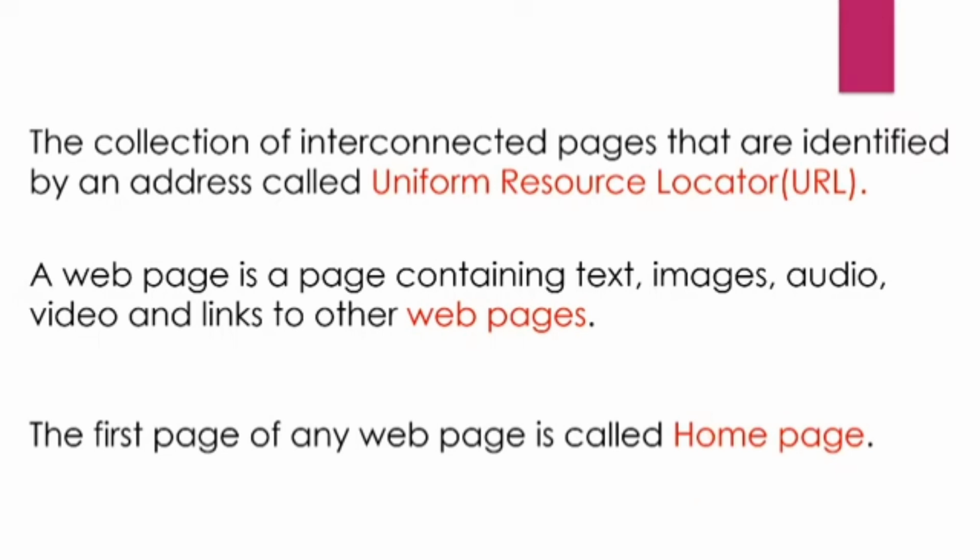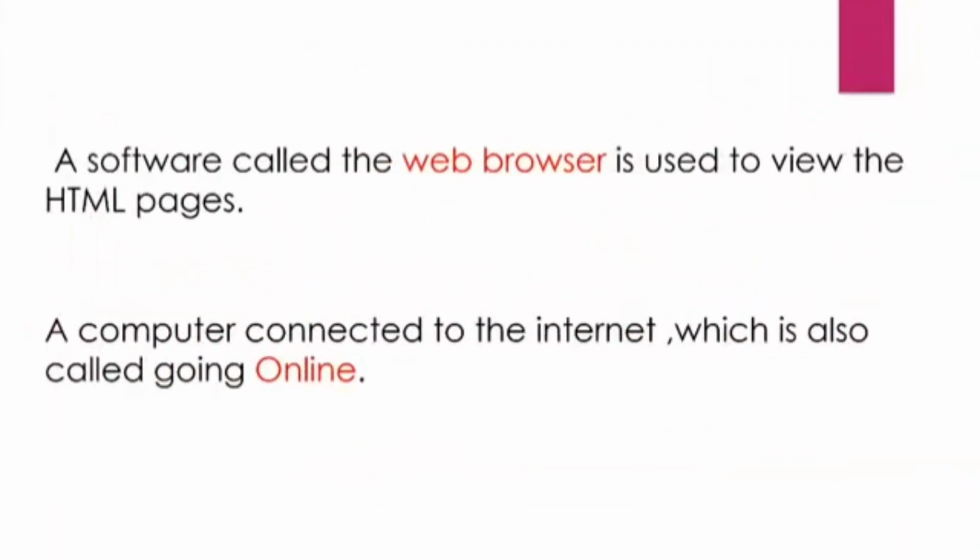The first page of any website is known as the home page. A software called the web browser is used to view HTML pages. A computer connected to the internet is also called going online.